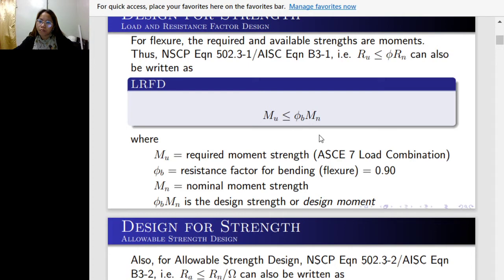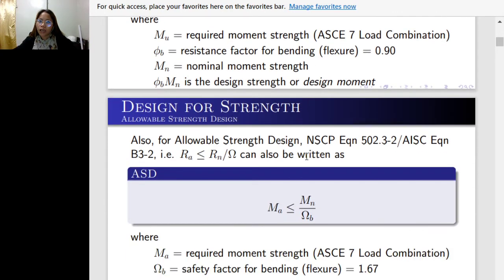This term, the resistance factor times the nominal moment, is the design strength or the design moment. So M sub u, the moment caused by the load combination, should not exceed the design moment.